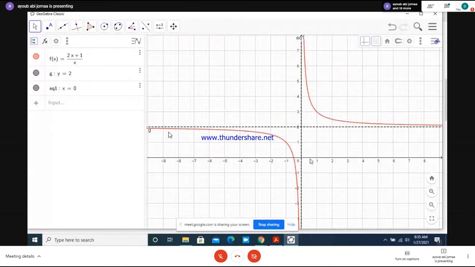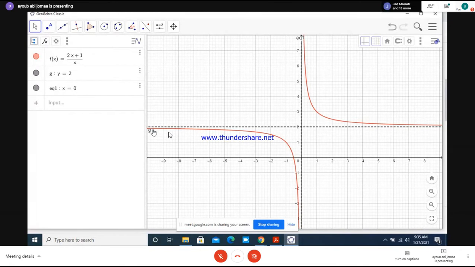The domain here is from negative infinity to 0, then 0 to positive infinity. From negative infinity, the graph starts from 2.